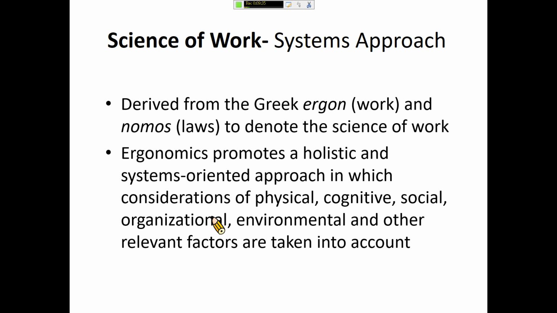I think we covered this before. Ergon means work, nomos means laws, so ergonomics has the meaning of laws of work. Then we consider physical, cognitive, and social, and even organizational and environmental. So these checkpoints are also organized in similar ways in each chapter.